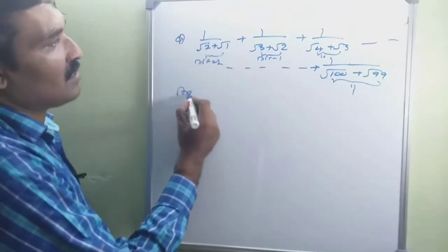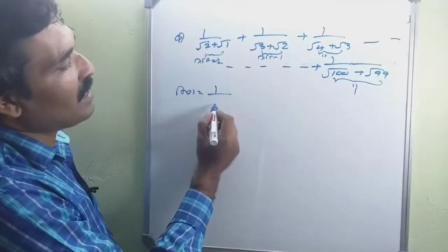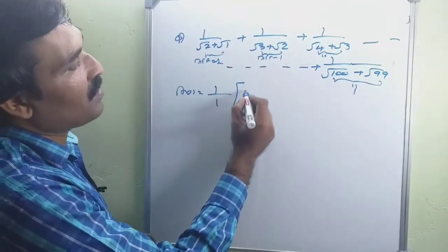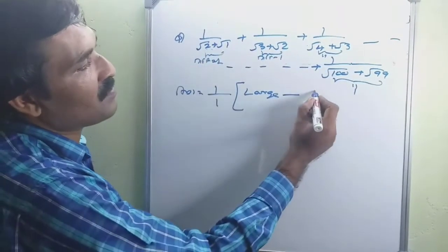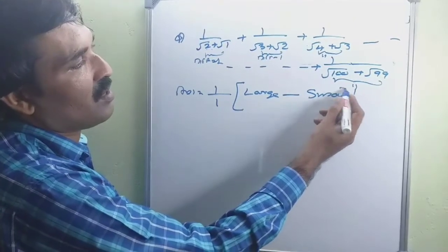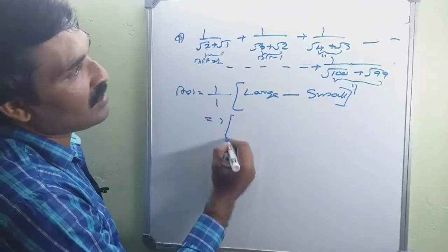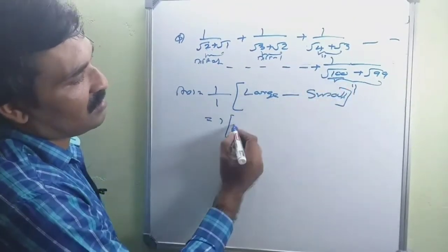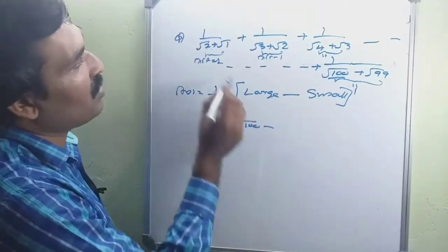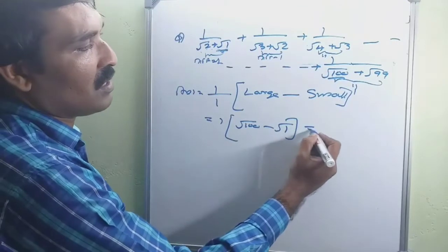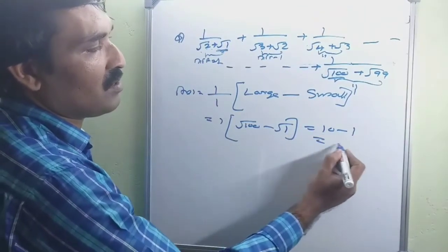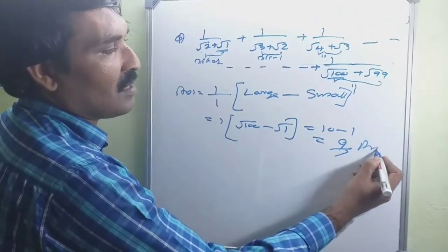So our answer is equal to 1 divided by difference, that is 1 divided by large, here it is plus so minus small. Large is root 100, and small is root 1. So that is equal to 10 minus 1, which is 9. This is the answer.